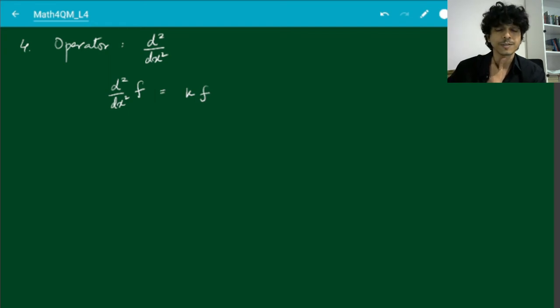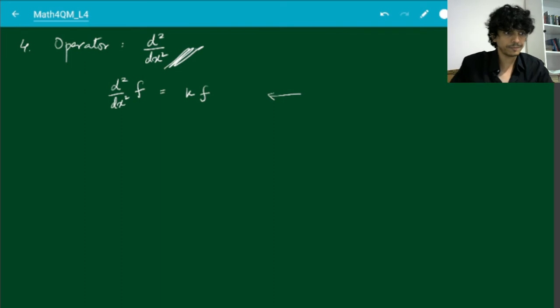You have seen equations of this sort before. So think about it. If k is negative, this looks like the harmonic oscillator. So you know what those solutions are. If k is positive, you will get different kinds of solution. So you can also find those. Those will be the eigenvectors of this operator d2 by dx square.